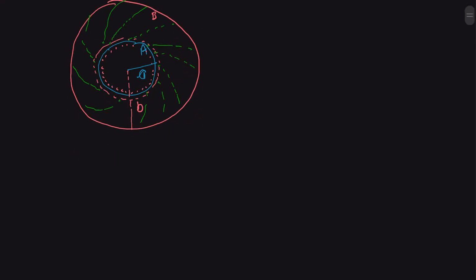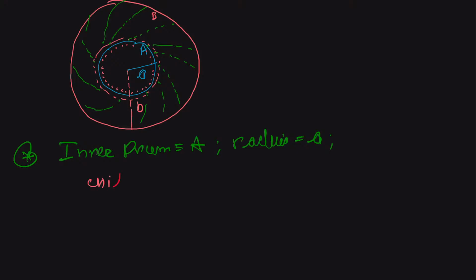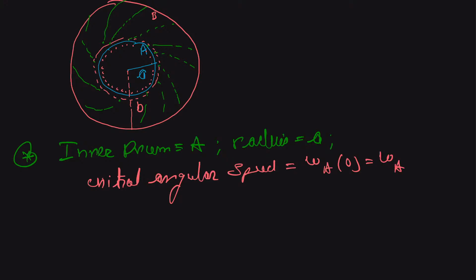So we can say that we are given an inner drum A, its radius is given as small a, and its initial angular speed is given as omega A naught, and let us suppose for the sake of convenience we denote it as omega A naught.